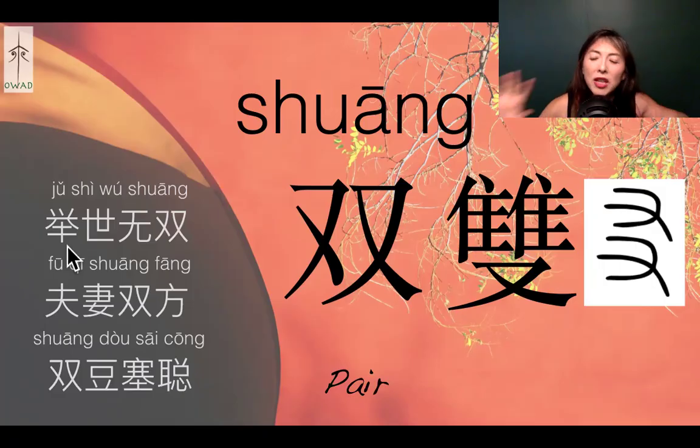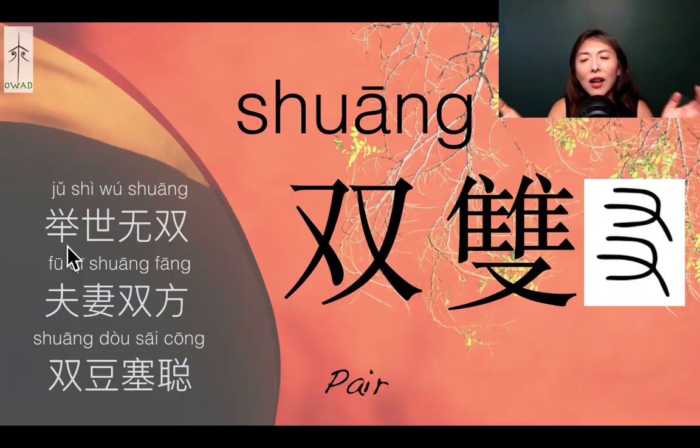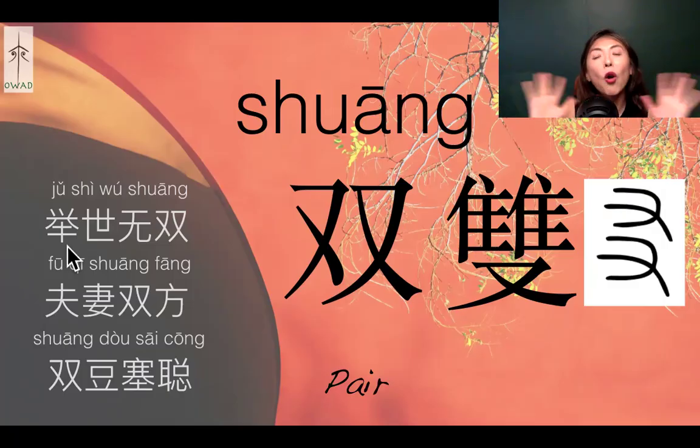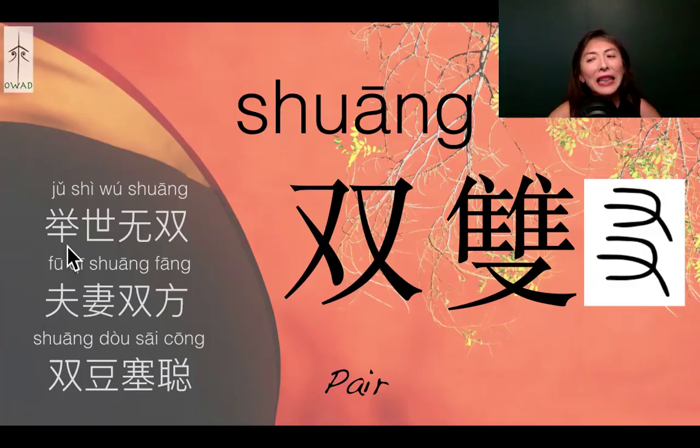So that's 举, which means lift on top of your head, over your head. And 举世 means nothing left behind. All of them are off the ground in one complete swooping motion. So that's 举世, which means the whole world.